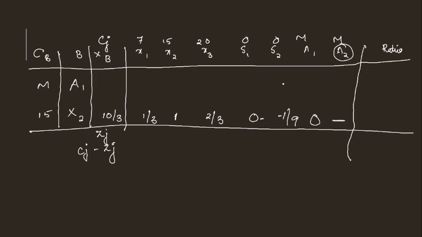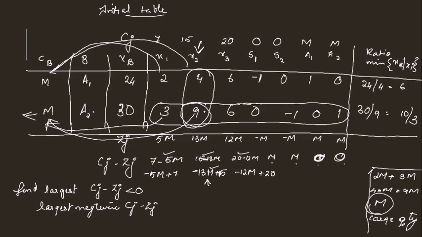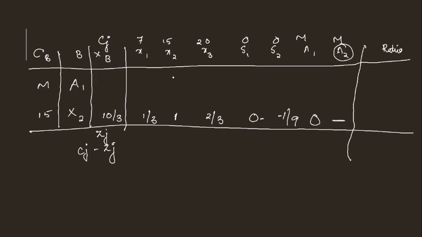Now what about the first row? When this 9 is the key element and you have made this 1, the element above the key element should be 0, so you have to convert this into 0 in your next table. This I leave to you. You just do some basic calculations and you will get the value.